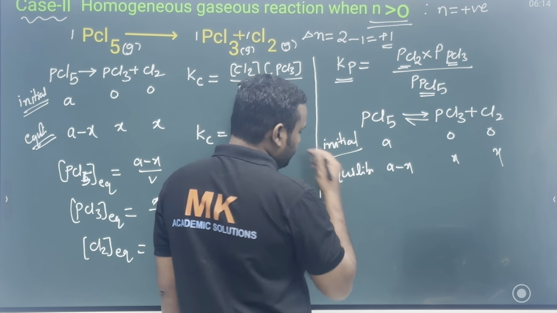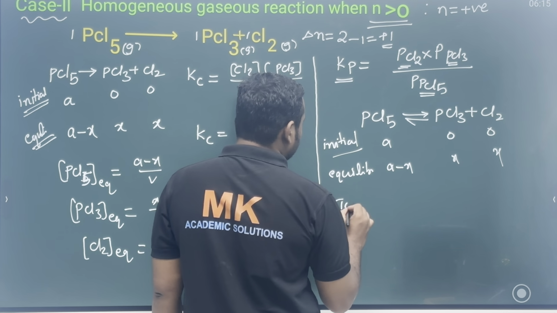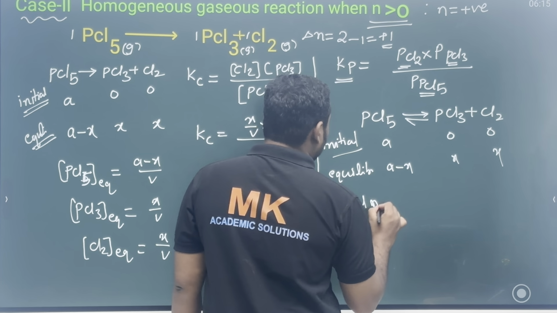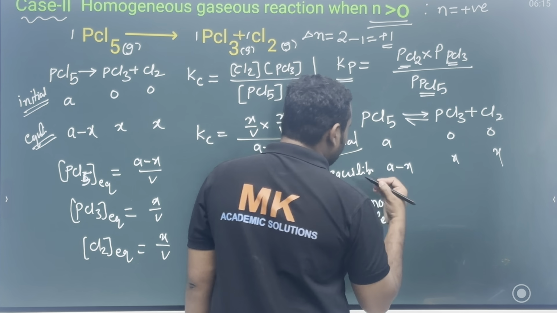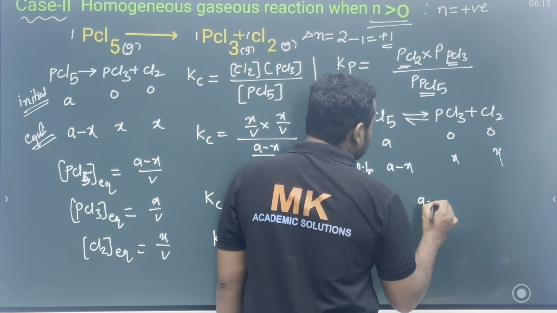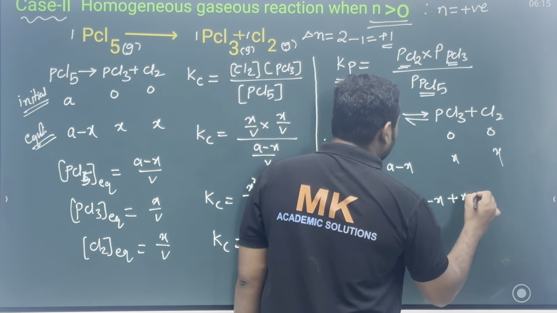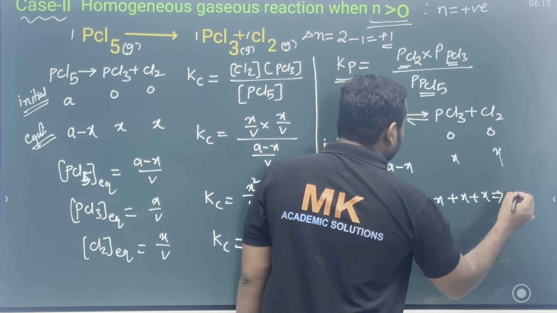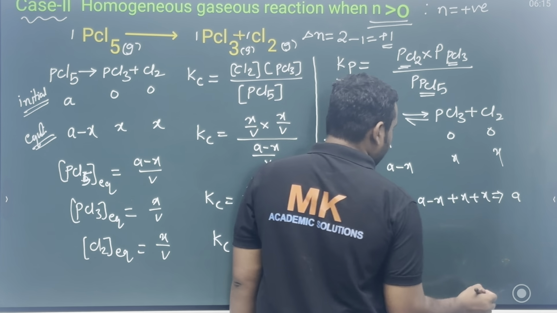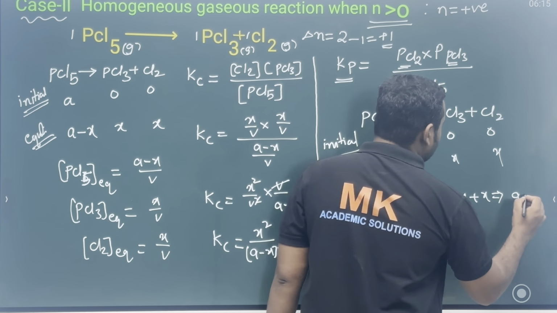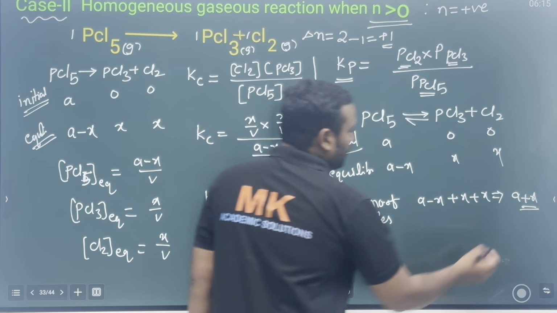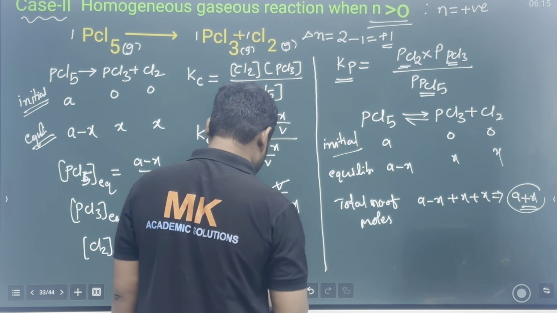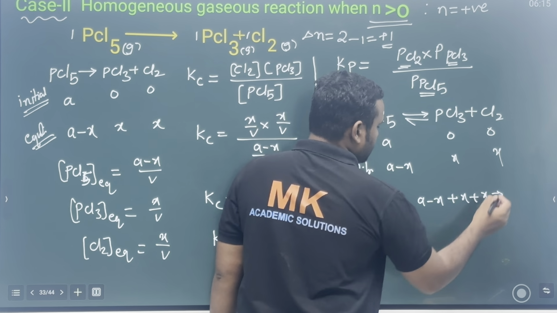So now here total number of moles at equilibrium, that is A minus x plus x, that will become A plus x. Total number of moles, how much you will get?